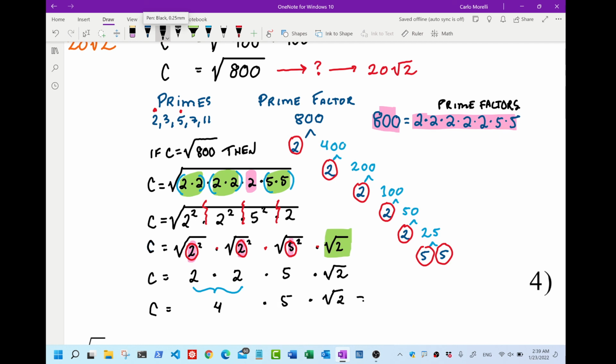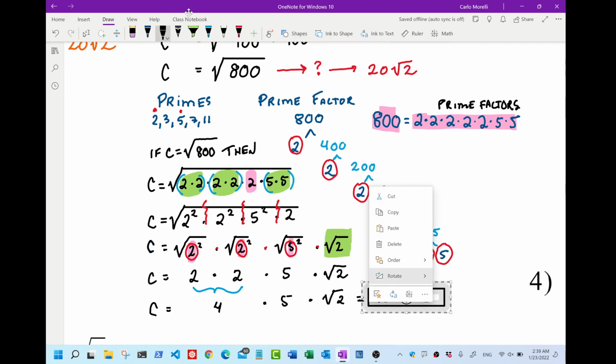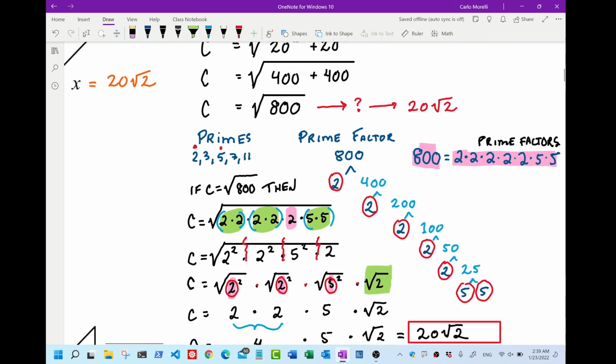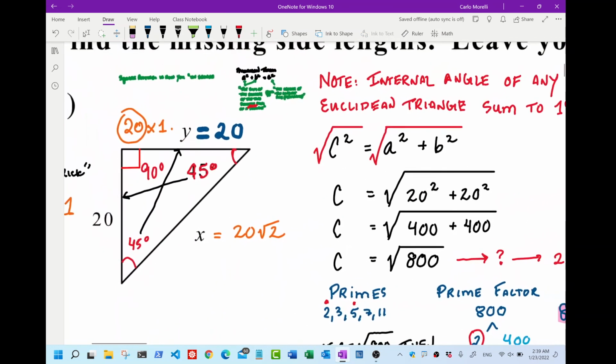So the final answer is 20 square root 2. And that is deserving of a red box of correctness. I guess it's going to be, well, there we go, red box of correctness. Because if you go back and look, that's precisely what we thought it would be.